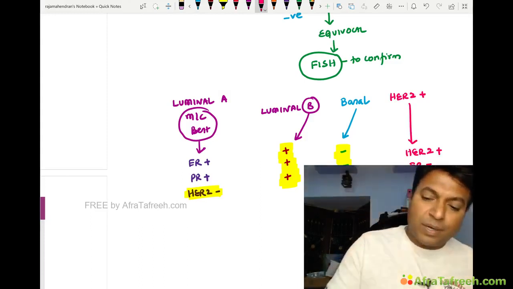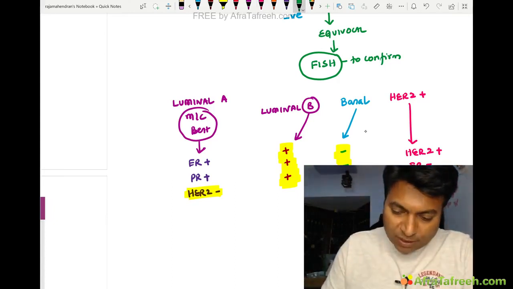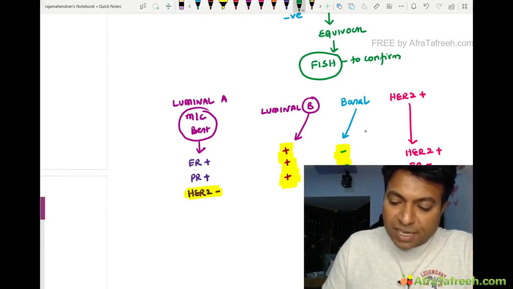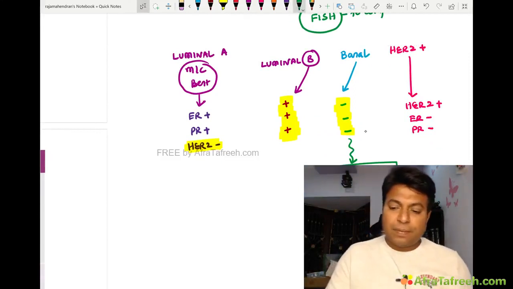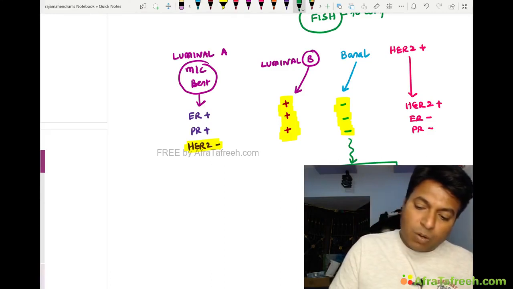Who is the worst fellow? The basal type has the worst prognosis. Basal type is associated with which mutation? That's an expected MCQ. Basal type is associated with BRCA1 mutation.